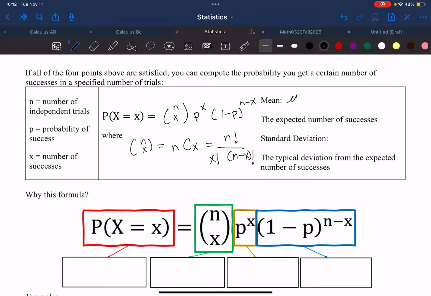The mean is mu of X equal to N times p, and the standard deviation is equal to the square root of N times p times 1 minus p.